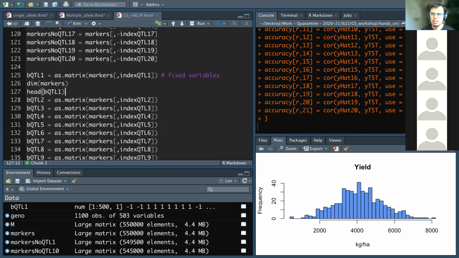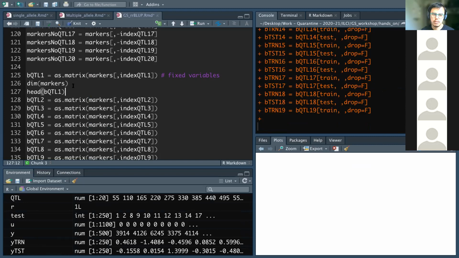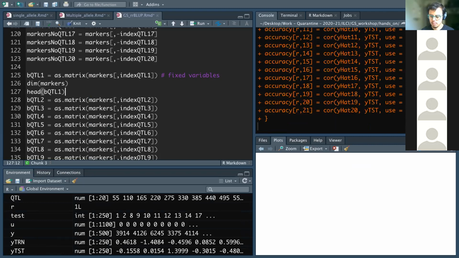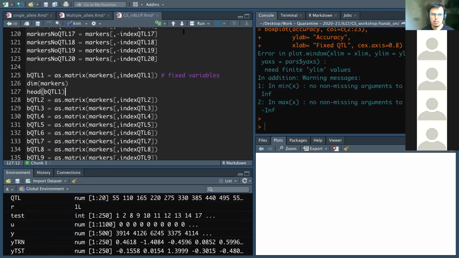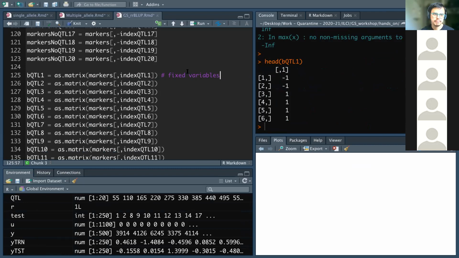So we're just gonna have one column that have the fixed value that we want to fix.